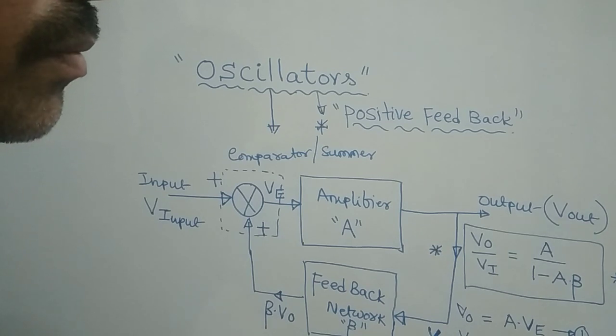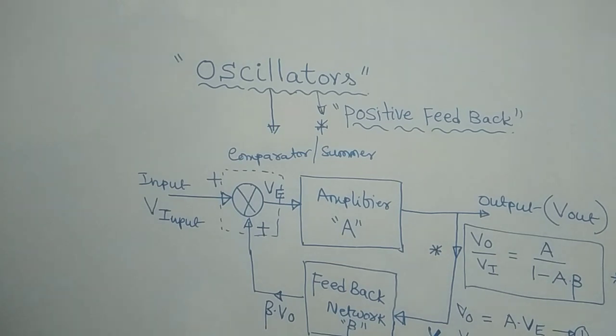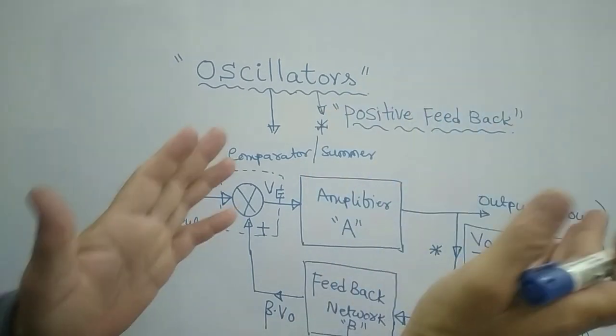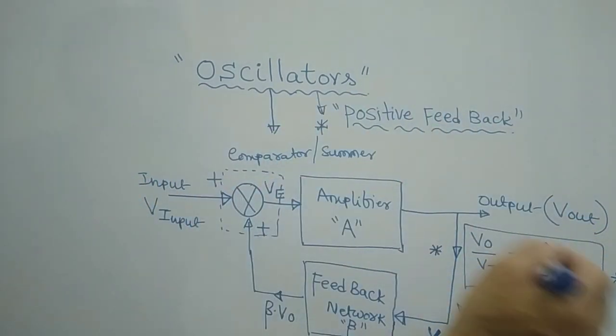This is equation number 2. Now substitute equation number 2, VE is equal to Vi plus beta times V naught, into equation number 1, and then take the ratio V naught by Vi, and you will get this particular ratio.